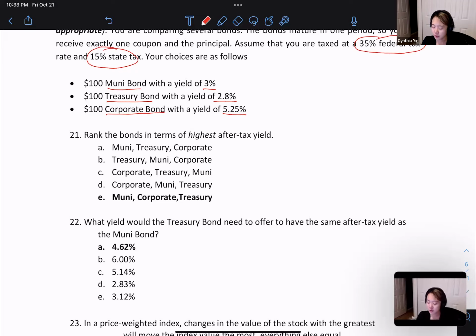Muni bond is purely tax-free. So after tax, the yield on muni will be 3%. And on treasury bond, it should only charge the federal tax.